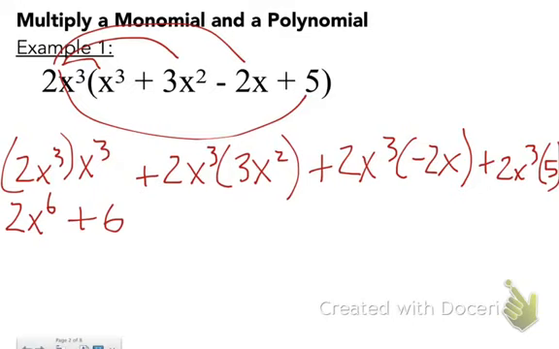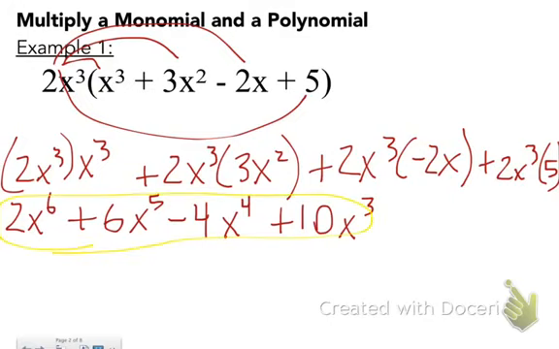X cubed times x squared is x to the 5th. 2x cubed times negative 2x becomes minus 4. X cubed and x makes x to the 4th. And then 2x cubed times 5 is just plus 10x cubed. And that would be our final answer for that one.